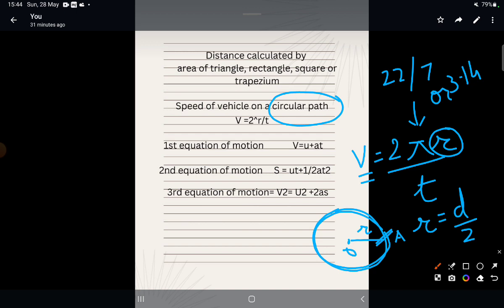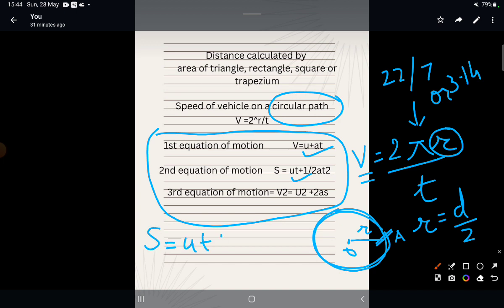The chapter has 3 very important formulas which you should remember by heart. One is V is equal to U plus AT. This is called the first equation of motion. Second is S is equal to UT plus half AT square.